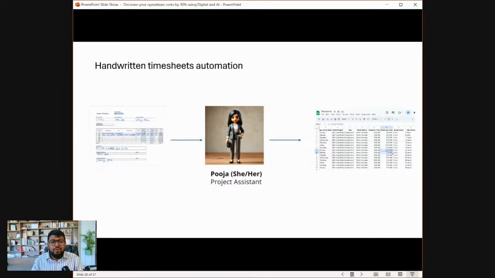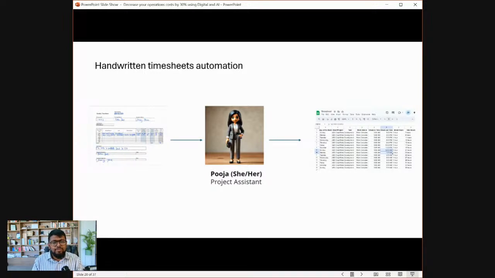So what we were able to do with Pooja was that staff members would do these manual handwritten sheets, and then either give it to the admin or upload them into a Google Drive folder. Pooja would take this timesheet and understand the text that's there and then put it in a timesheet log on Google Sheets.